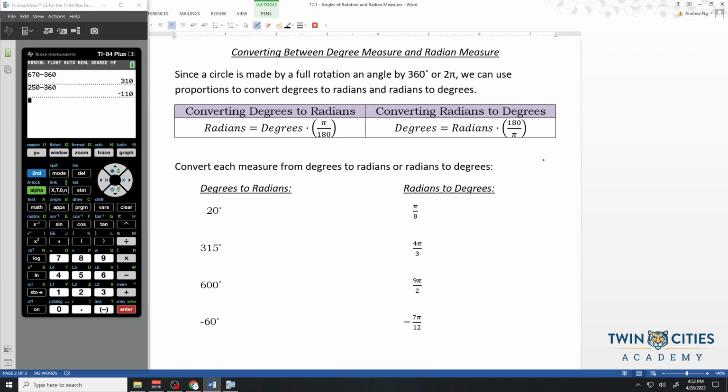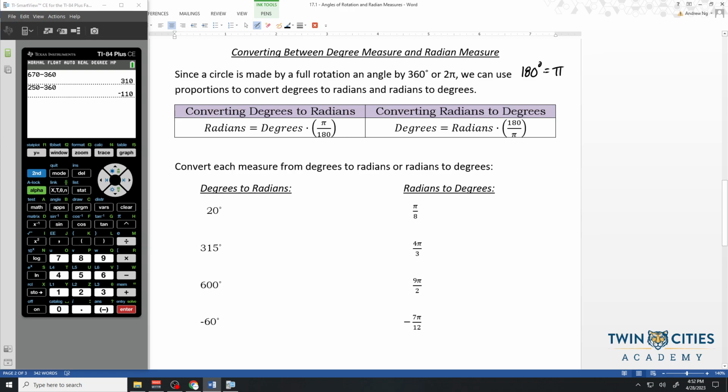If I just go halfway, so if I turn exactly around, that's 180 degrees. Well, in radians, if 360 degrees is all the way around and 2 pi is all the way around in radians, then 180 degrees being halfway around is equal to a single pi in radians.